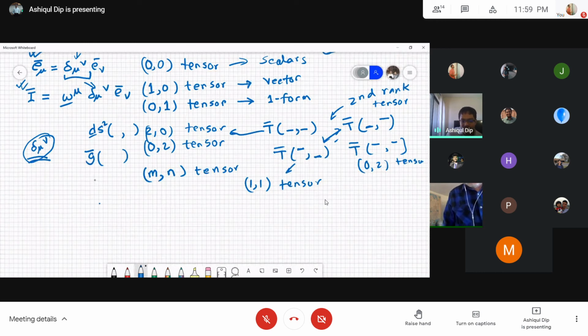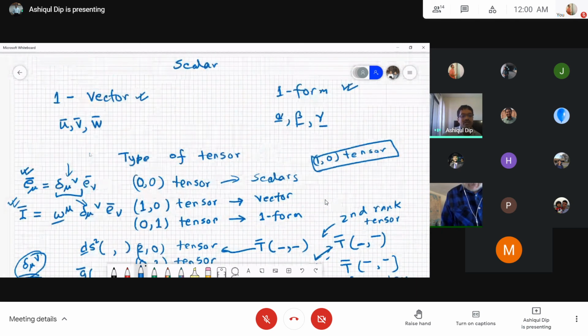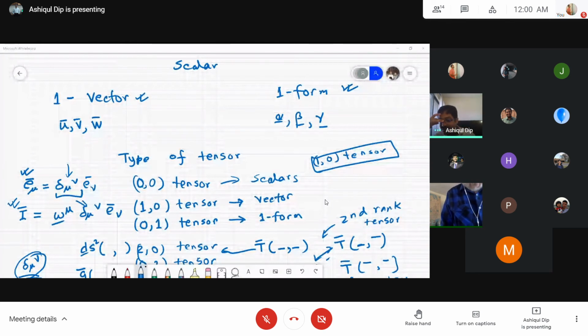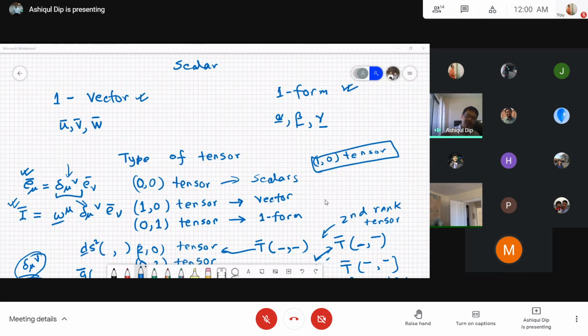The mathematician will probably define it like this: you have consecutive m slots that take vectors, and consecutive n slots that take one forms. There could be more diversity, but they do not consider it most of the time. So the definition we learned today is the most general definition of tensor, even more general than a mathematician's. Okay, any more questions? We're running out of time, so we have to stop today. But the next two lectures will be fun.